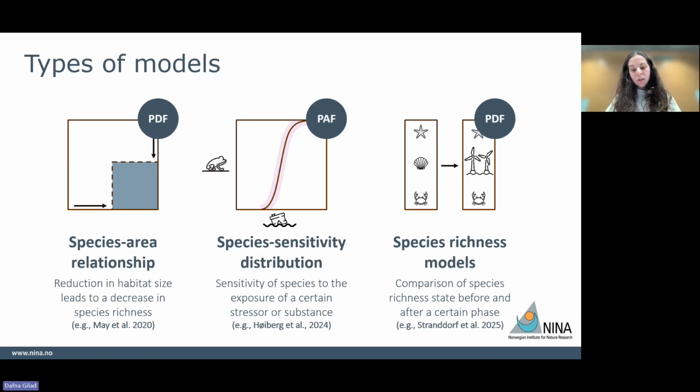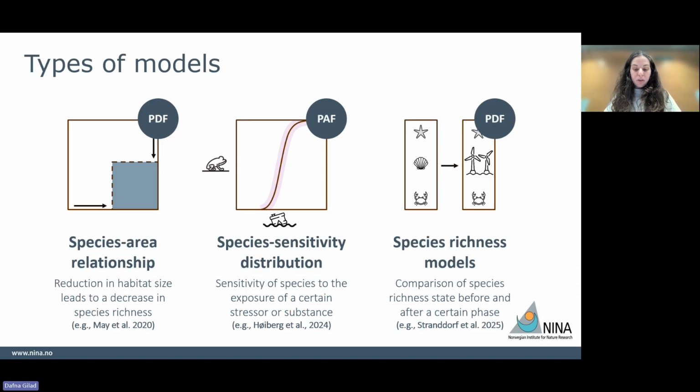So this explores which species are most sensitive to the exposure of a certain stressor or substance. And then some models also use species richness models, where you basically use a state of species richness. So what was it before a certain phase, for example, construction, and what happens afterwards, and then you compare the different states.